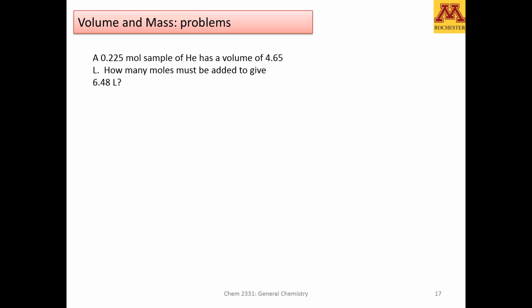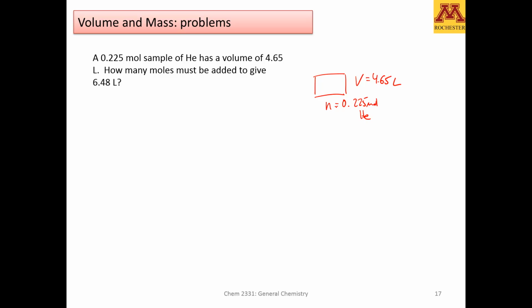So let's run a very simple problem, just to plug some numbers into an equation. It says that you have a 0.225 mole sample of helium, which has a volume of 4.65 liters. So let's say that you have that container in which you have put 0.225 moles of helium, and the volume is 4.65 liters.